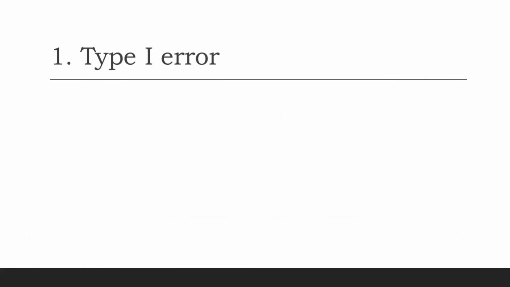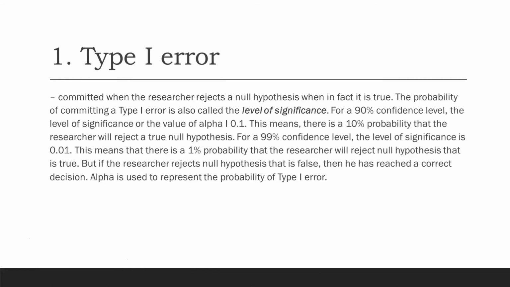So type 1 error. It is committed when the researcher rejects a null hypothesis when in fact it is true. So the probability of committing a type 1 error is also called the level of significance. For a 90% confidence level, the level of significance or the value of alpha is 0.1.